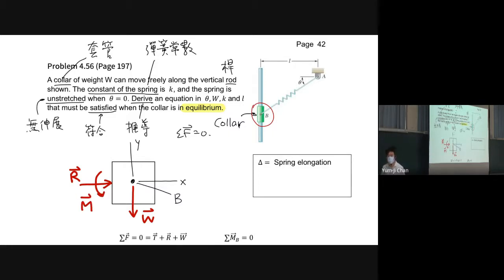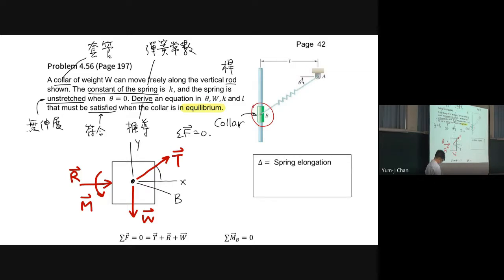So what else do we have? We have the spring here, and let's make it simple. We say we have a spring force T here. And the angle theta is given. We don't know the value, but we know it is equal to theta.